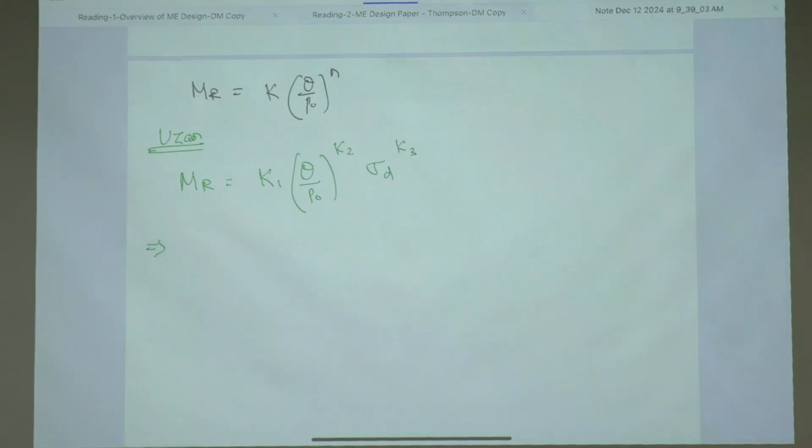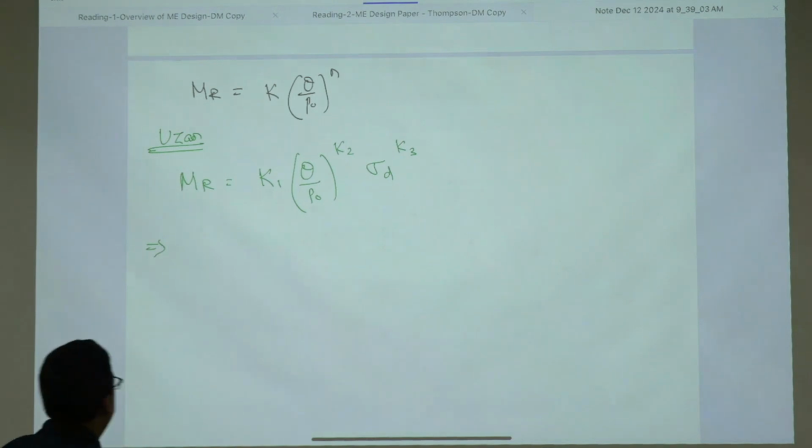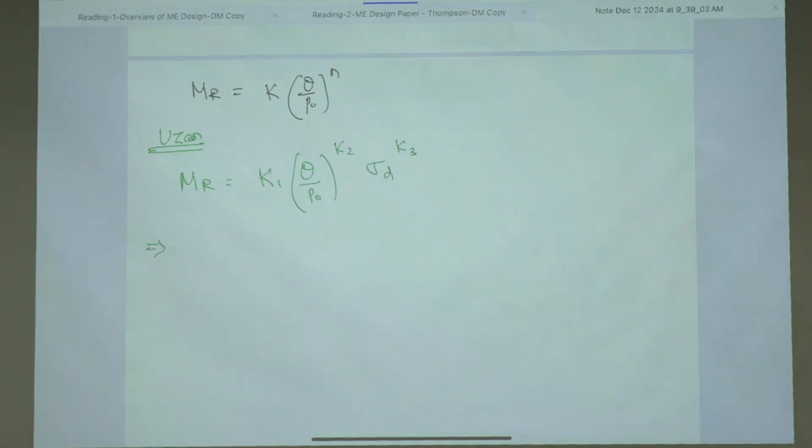Now it becomes a little bit complicated to directly fit a power curve, because it's a multivariate problem now. But the good news is you can do multiple linear regression in Excel very easily. You can still do log MR is equal to log K1 plus K2 log theta over P naught plus K3 log sigma D. Actually, it should be P naught as well.